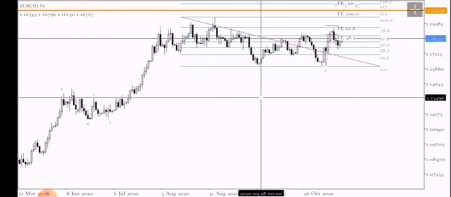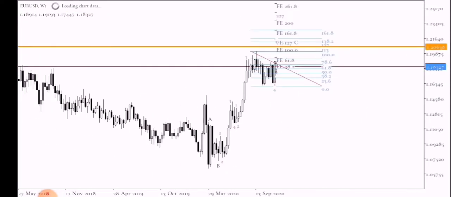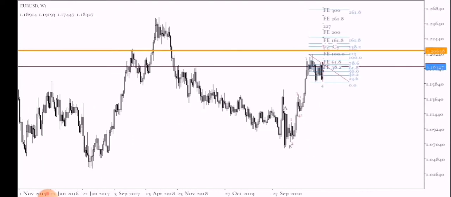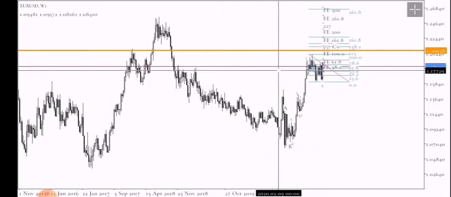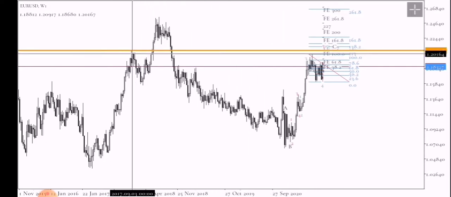Okay, now one last thing before we sign out is the weekly chart. Let's go to the weekly chart. Now you see where our orange line is, where we're projecting the 1.2600. You see that resistance over here?